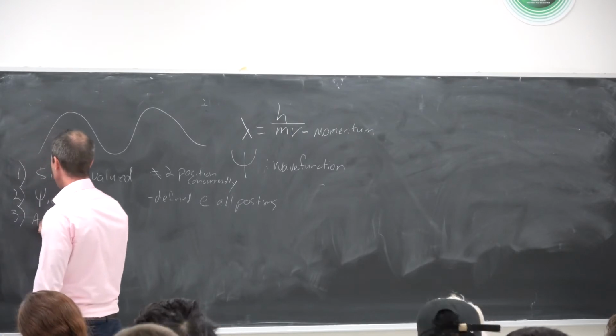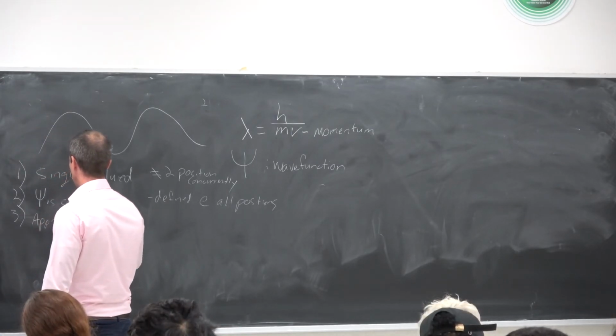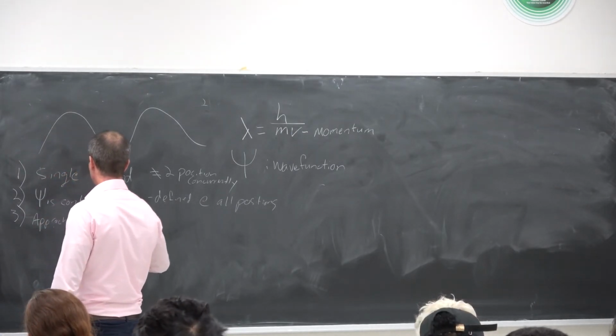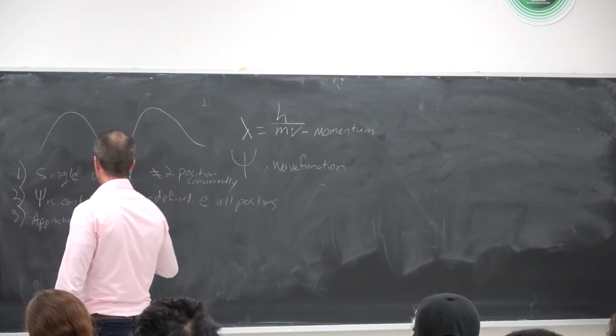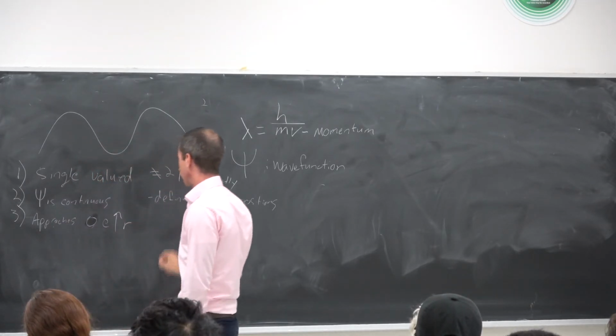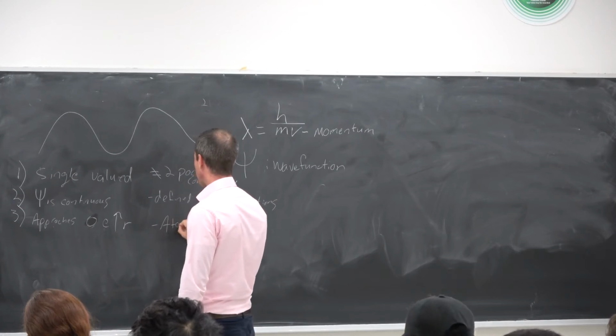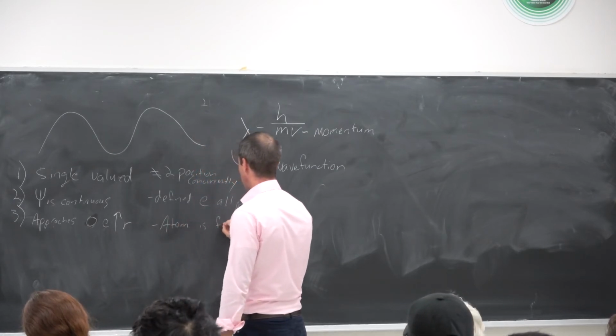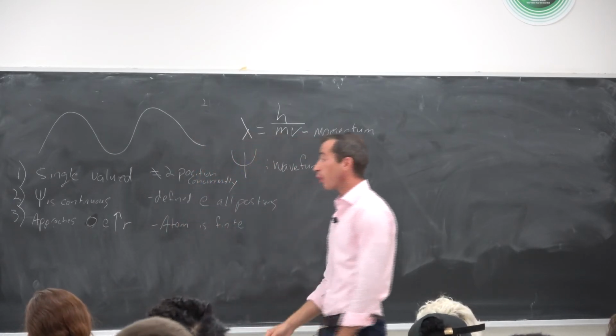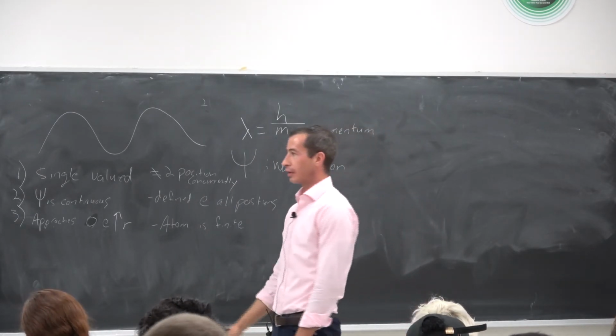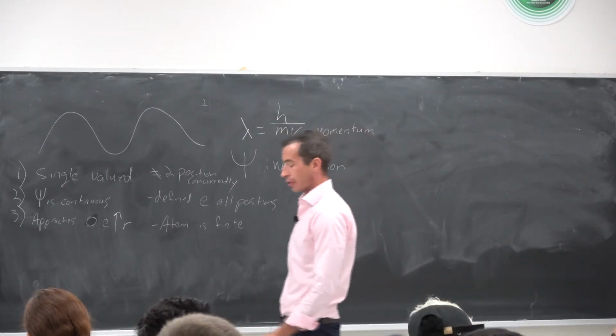Third, it approaches 0 at high r, right? So that's just saying that the atom is finite. Again, it approaches 0. We'll look at where it actually is 0.